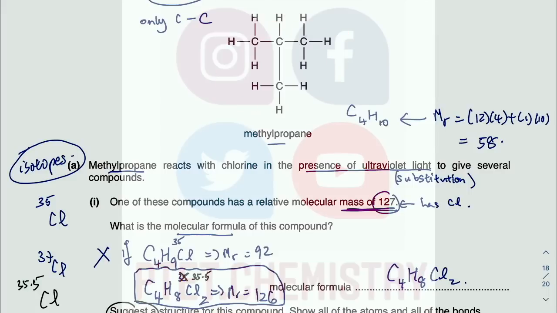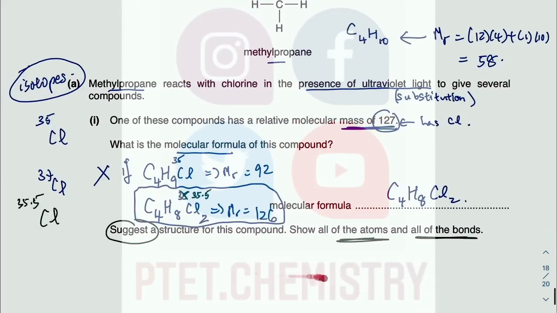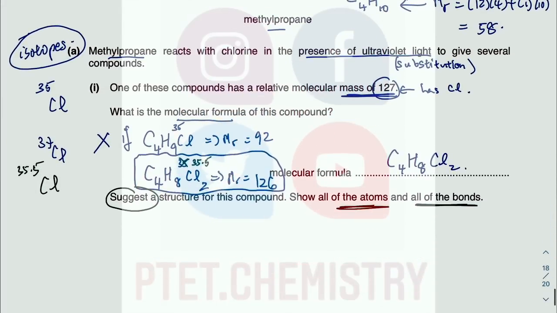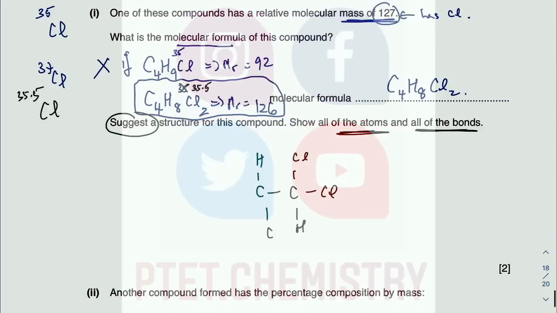Does it matter? Does not. Just take out any two hydrogen. Can be here and here, can be here and here. Does not matter. Do they give you any information? No, they just say suggest, right? So realistically speaking, I could just pick any one of them. I am just going to do that, okay? But as long as you have 2 chlorine, you will be fine.